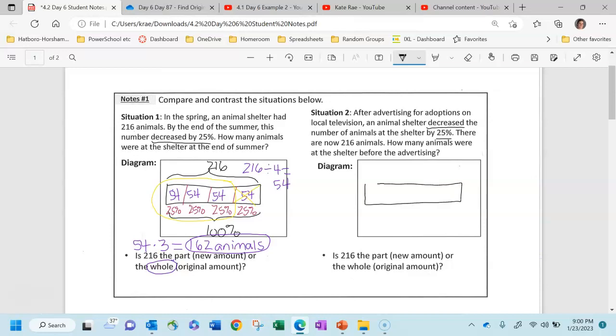We're going to draw a tape diagram that represents 100%, the starting amount. Since we're decreasing by 25%, I'm again going to split this into 4 sections so that each one represents 25%.